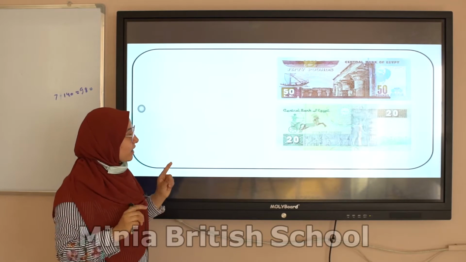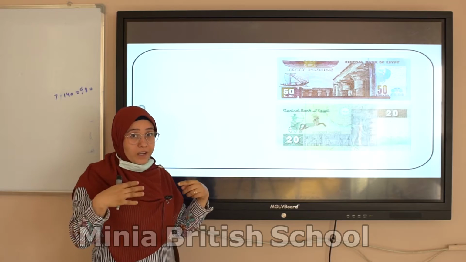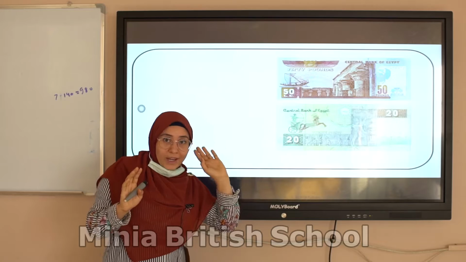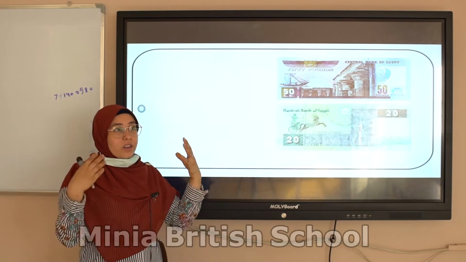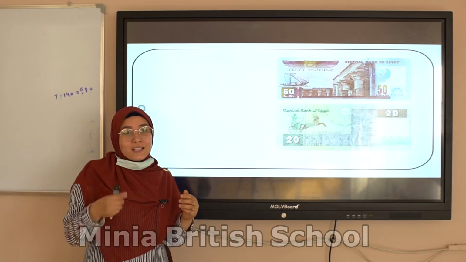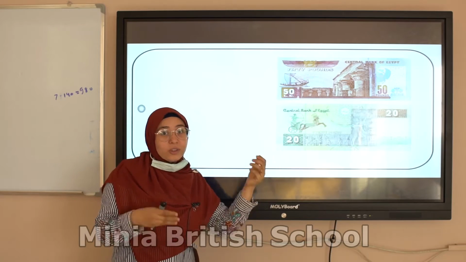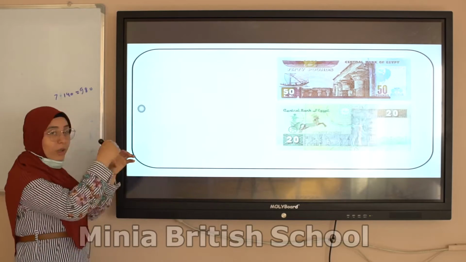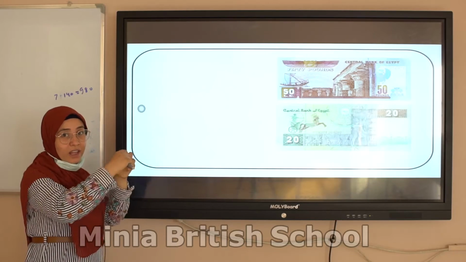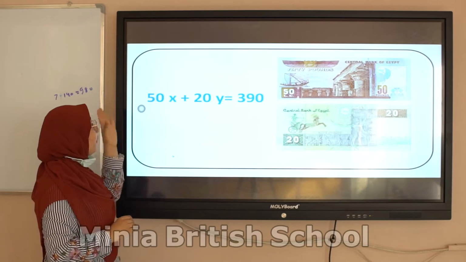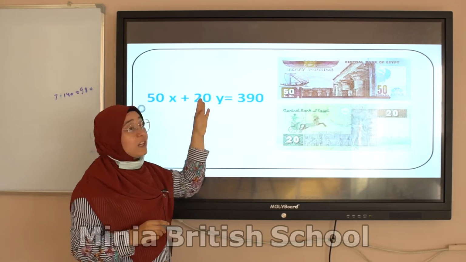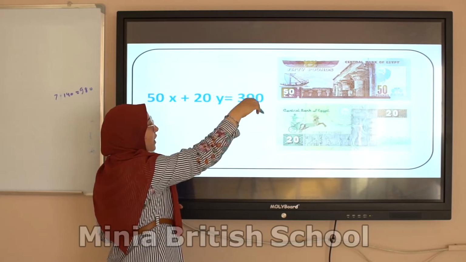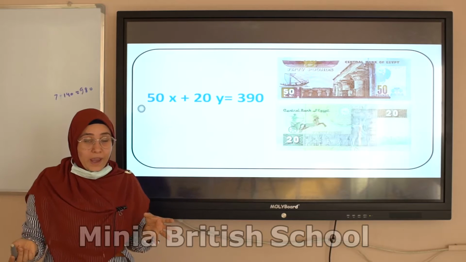And I will suppose y represents the number of 20 banknotes, so the value of what he has of 20 banknotes is 20y. Now, I will write it as an equation: 50x plus 20y equals 390, the price of the electrical fan.